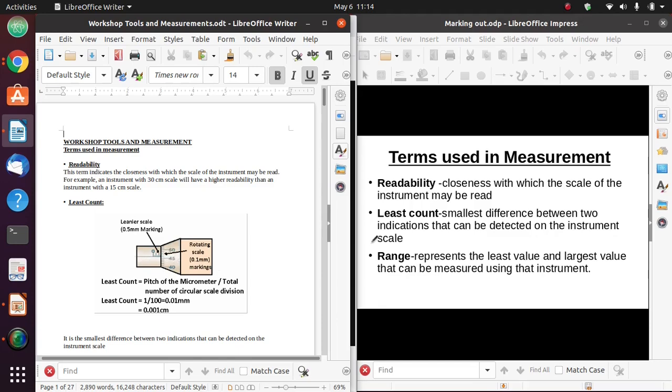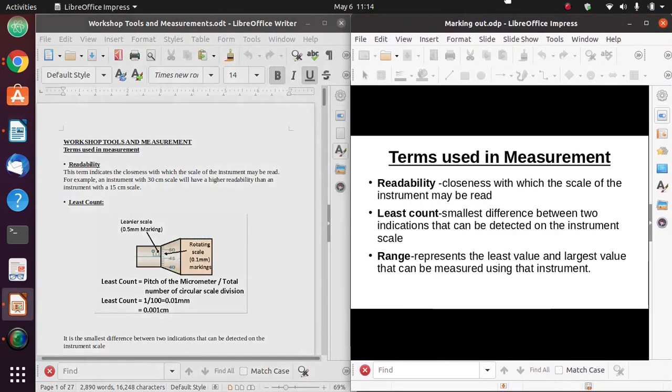Now, least count is the smallest difference between the indications in that scale of that instrument. For example, that ruler, the 30 centimeter ruler, has divisions between those centimeters. Between 0 and 1 centimeter, we have 10 divisions. So the smallest measurement that I can be able to make with a 30 centimeter ruler is 0.1 of a centimeter.